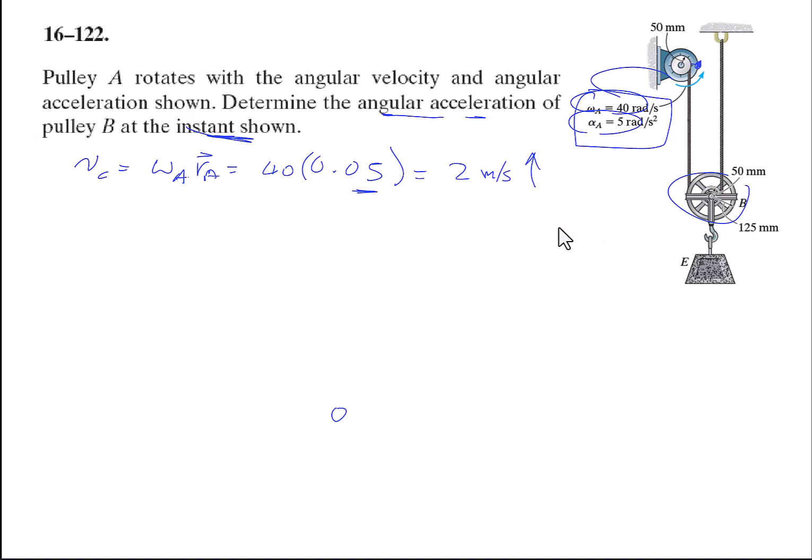Let's draw the kinematic diagram for this pulley. So I have an inside track and an outside track, and this one has an angular velocity omega of pulley B, and there's a distance here plus the radius.